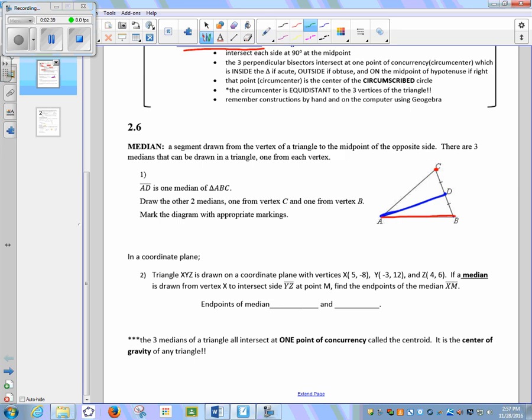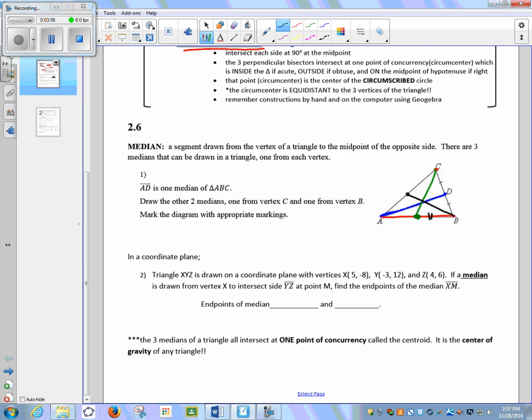I'm just going to eyeball this and say, all right, that looks like about the midpoint. Now to draw the median, you just go from vertex to midpoint. That's it. All right, you draw the third one. It would go from vertex B and end at side AC. So find the midpoint of AC, vertex to midpoint.